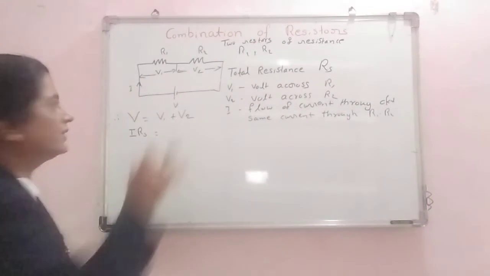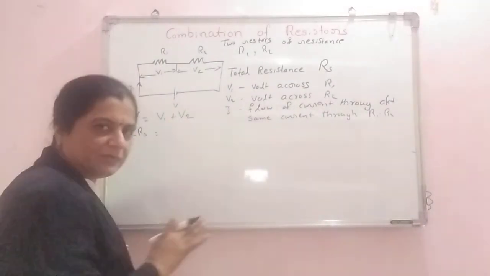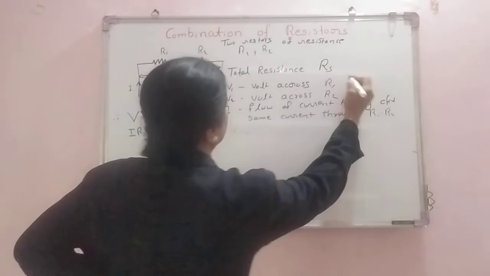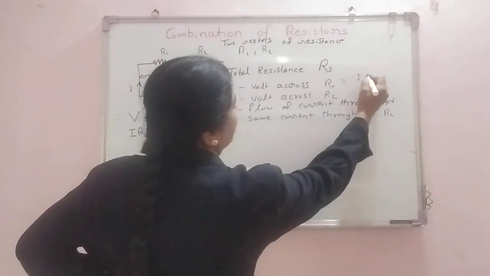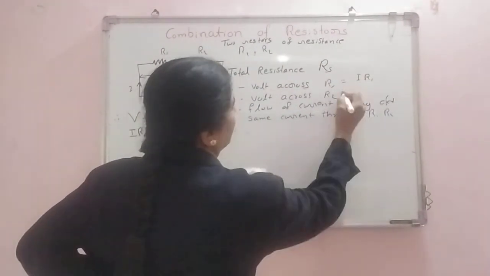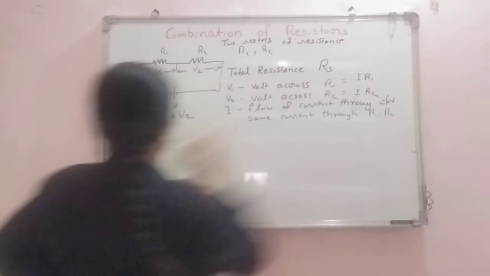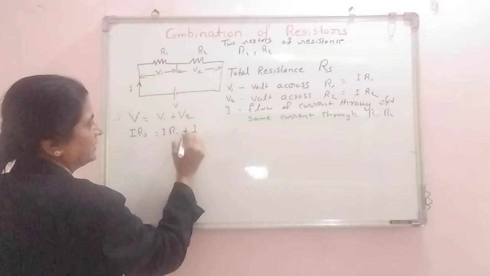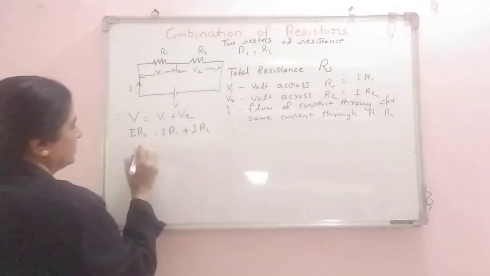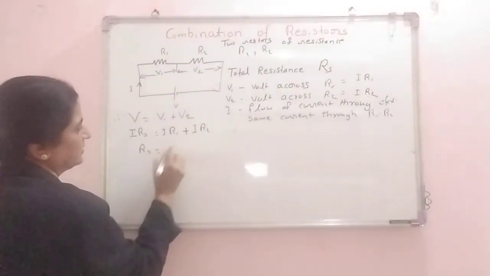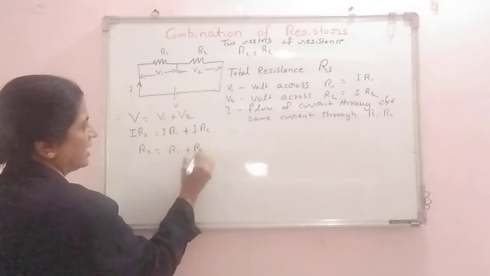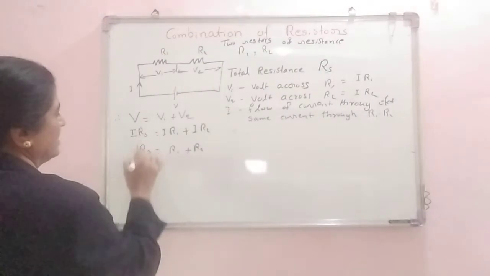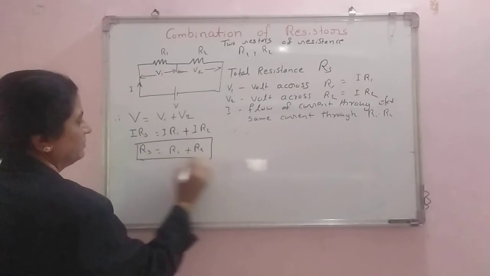The voltage across R1 is V1, which is I into R1, and V2 is I into R2. Substituting, I into Rs is equal to I into R1 plus I into R2. I is common, so it gets cancelled. So Rs is equal to R1 plus R2.